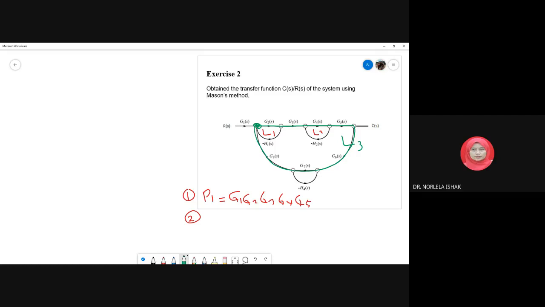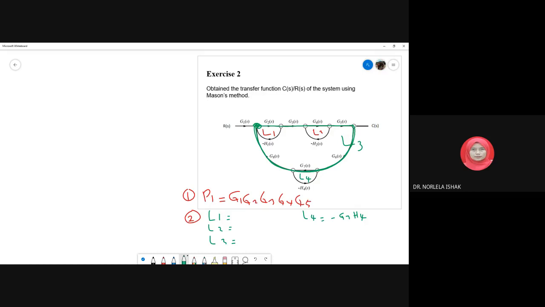Okay, lagi? Ada lagi? Madam, L3, G8 include tak? G8 include sebab kita kan lalu kat sini. Okay. So jadi L1, L2, L3. L3 tu panjang sikit lah kan? Ada lagi tak? G7, H4. Yes. Ini adalah L4.